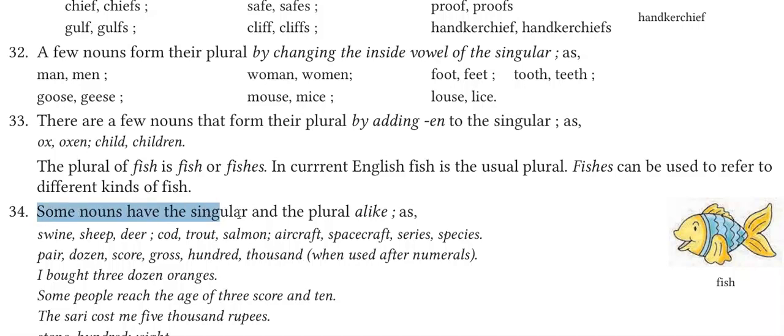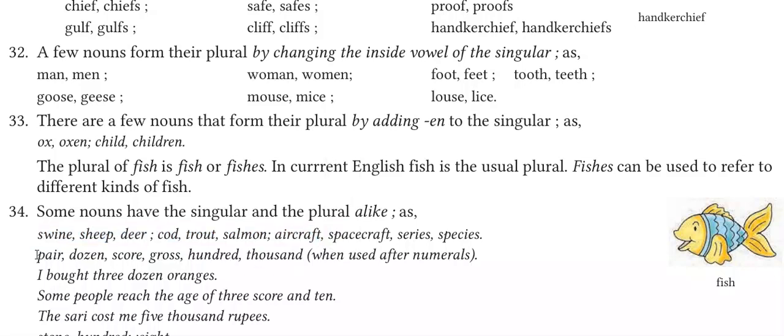Some nouns have the singular and plural alike. For example, we use the same form for both singular and plural, like swine, sheep, deer, goat, trout, salmon, aircraft, spacecraft. These are examples.